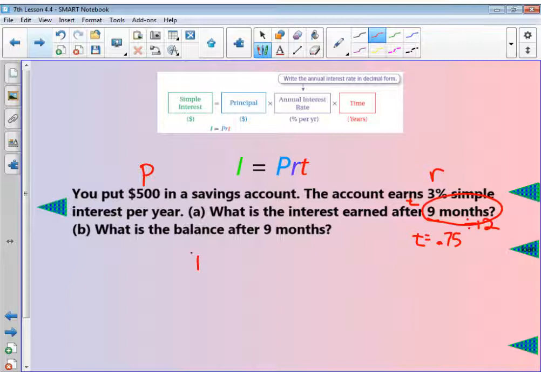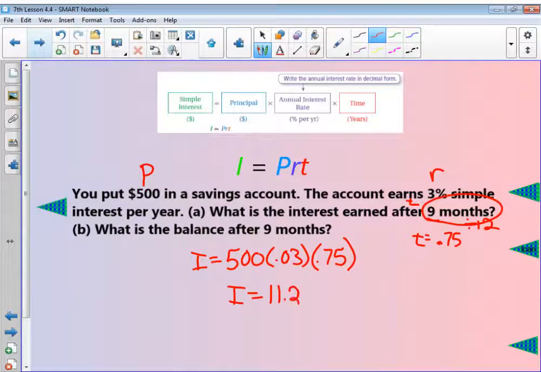So we'll plug everything in. Our interest equals 500, our principal, times our rate, 0.03, times our time, 0.75. We'll just punch it in the way we see it: 500 times 0.03 times 0.75. And when we do that, we get our interest equals 11.25.